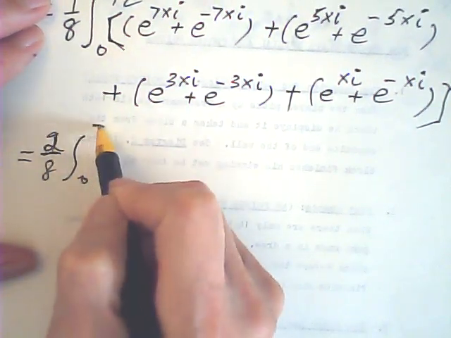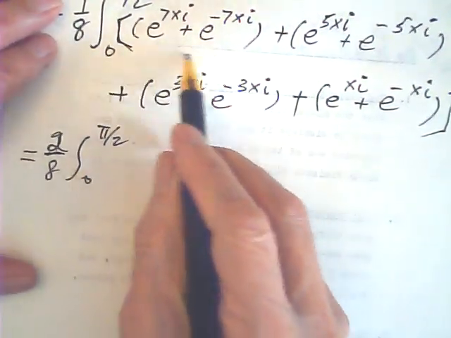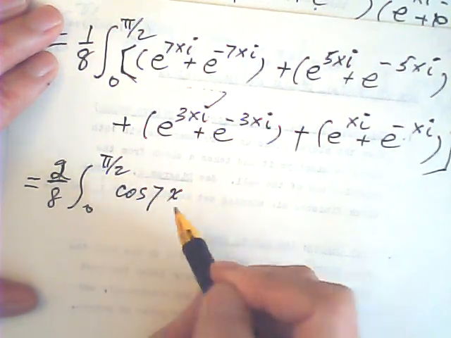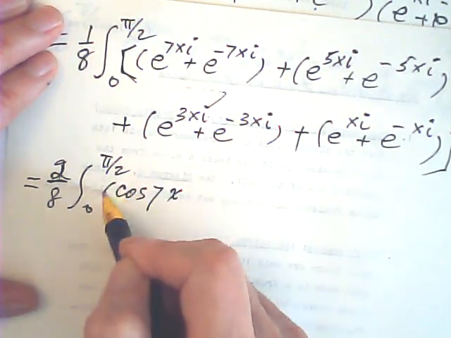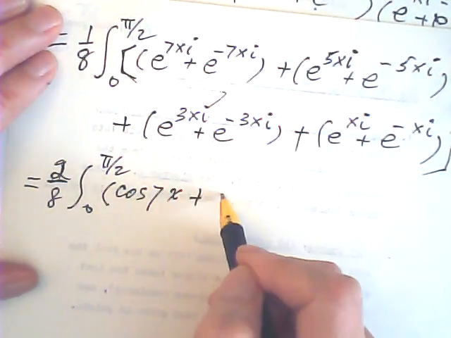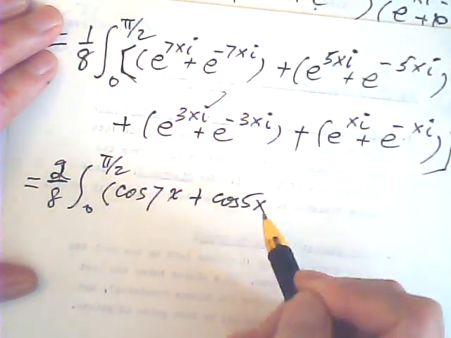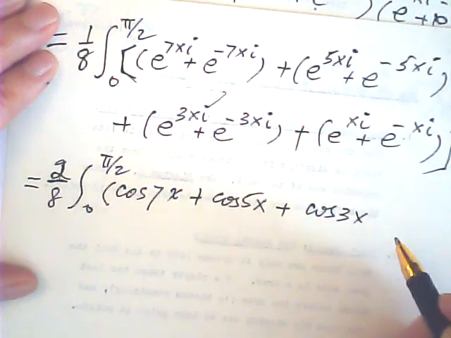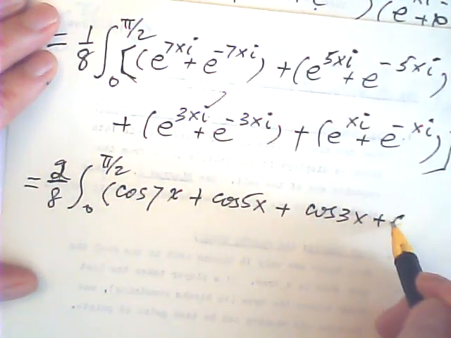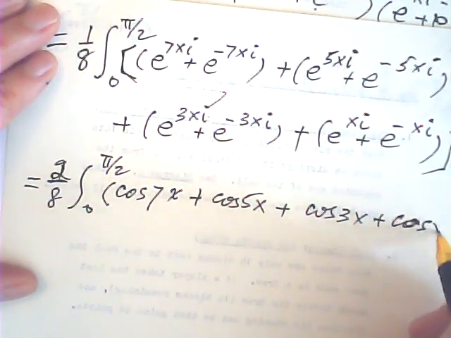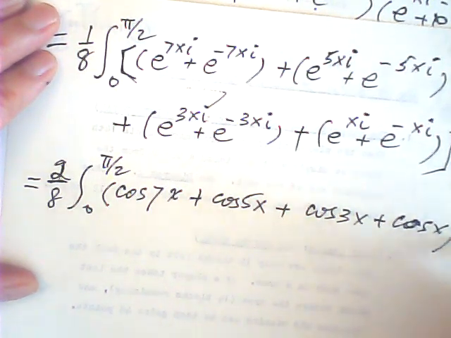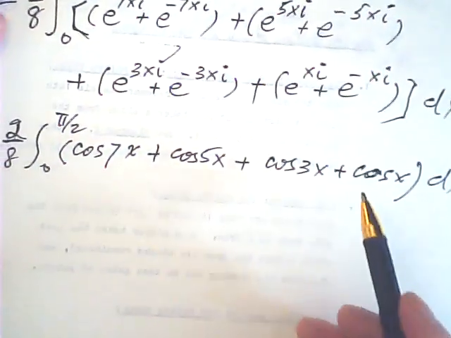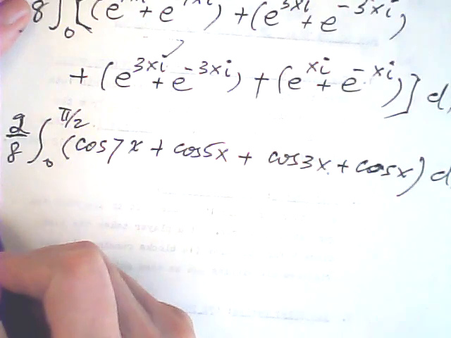This becomes cosine 7x plus cosine 5x plus cosine 3x plus cosine x, dx. Right? I take 2 out. 2 is a common factor, so this becomes a 1/4.